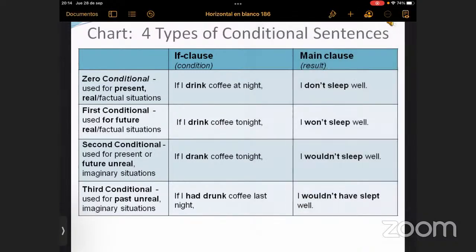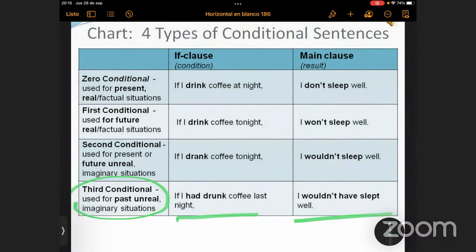We are in the third conditional, the one we are practicing. Third conditional is used for past, unreal, imaginary, hypothetical, unrealistic situations.